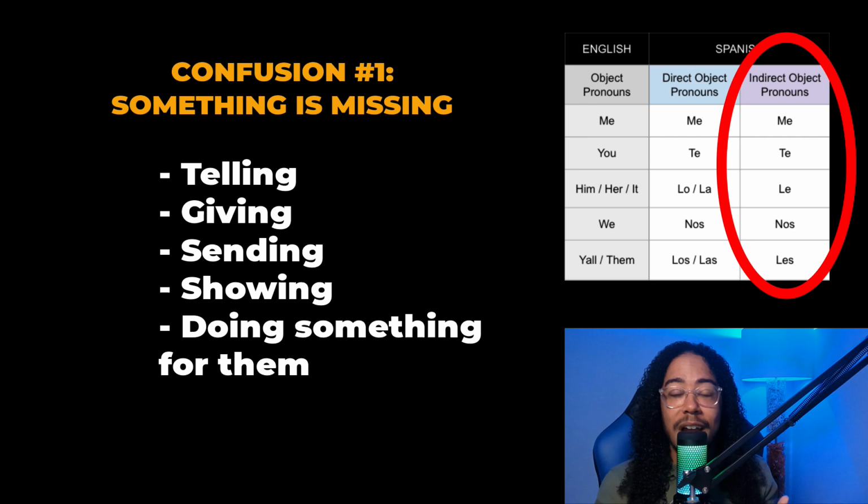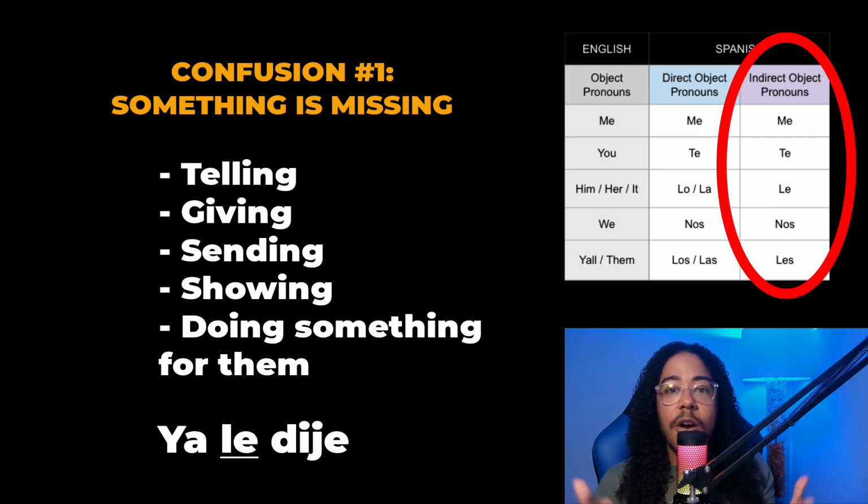Even if the direct object is not stated, like what we saw with ya le dije. You can't tell people. You can tell something to them. Just like you can't give and show people. You can give or show something to them.